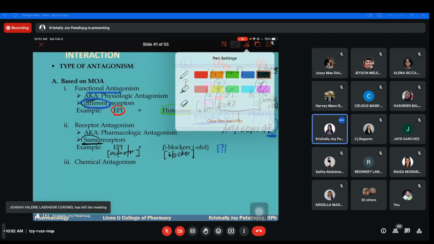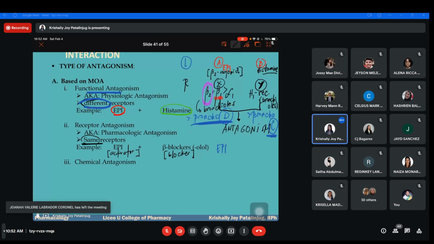Halimbawa, it binds to beta-1 receptor found in the heart. Kasi merong mga beta-1 receptor found in the heart. Do not worry ha, yung mga receptors na yan, madadiscuss natin yan sa ANS pharmacology. For now, just know the concept on antagonism. Nagbigay lang ako ng halimbawa. Bakit antagonism sila with each other?